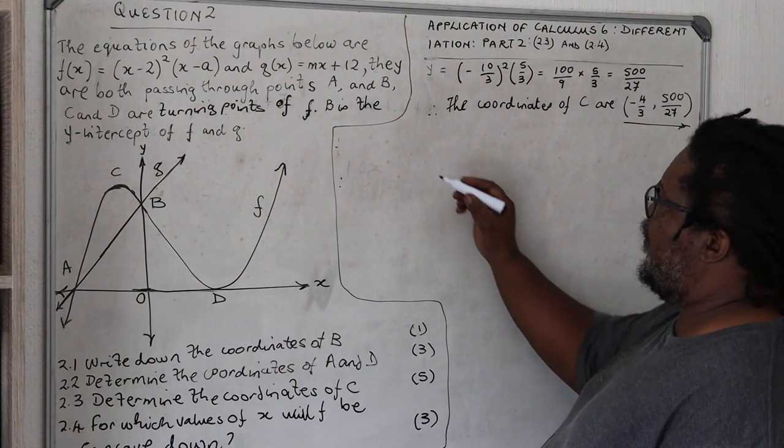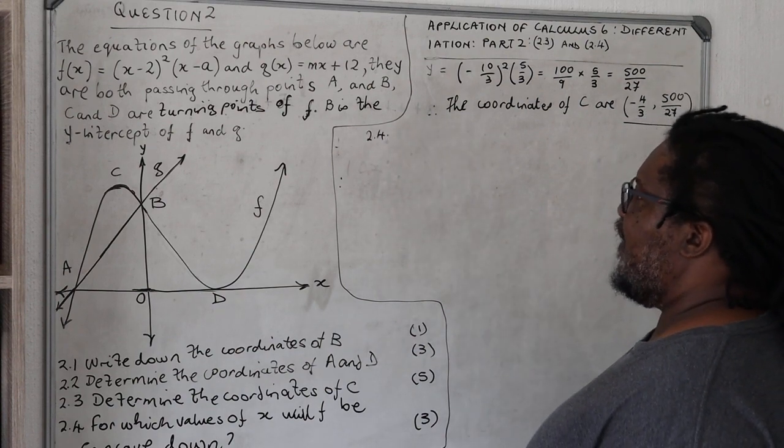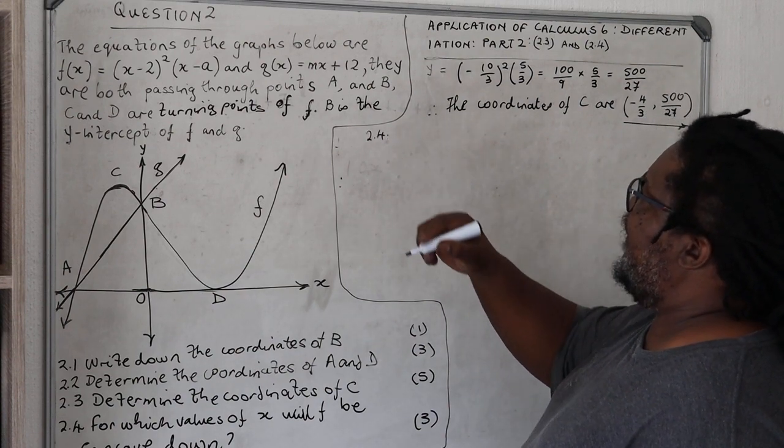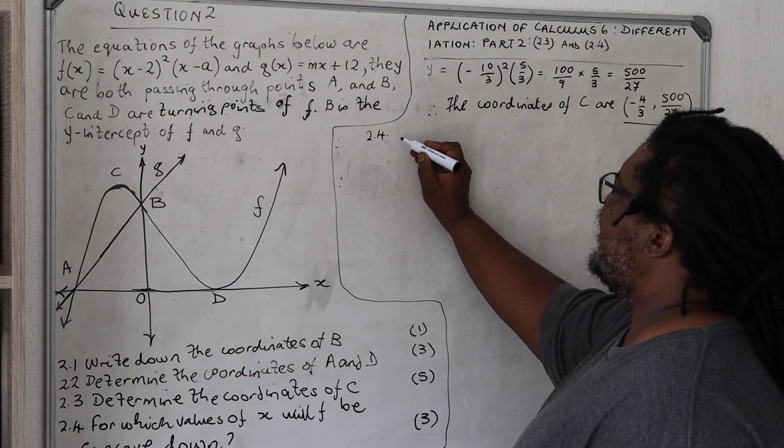So we need to do 2.4. So to do 2.4, we still need the expansion of the equation of f of x.